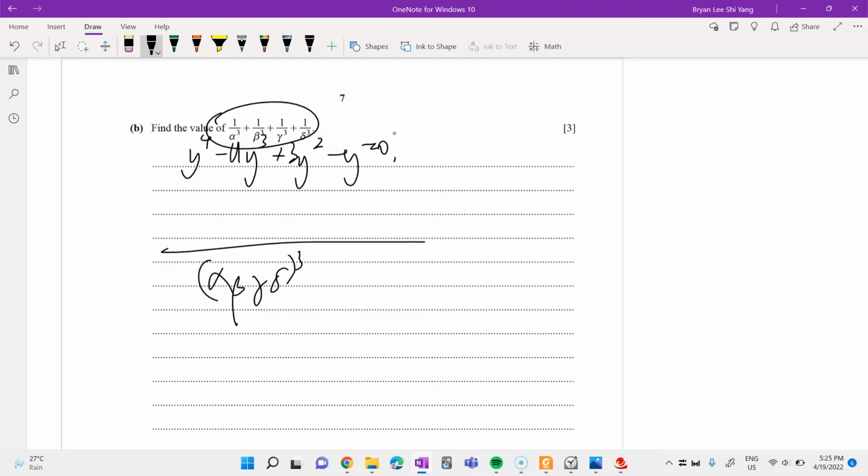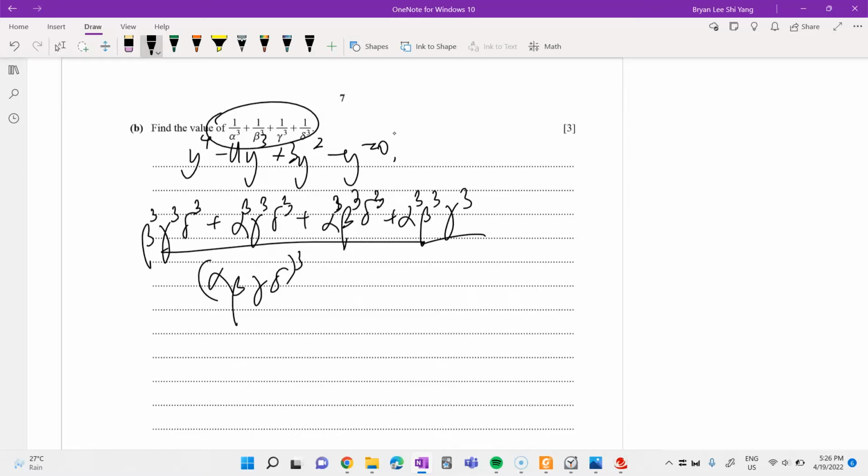Then this one would be a very beautiful mess, plus alpha cubed gamma cubed delta cubed, plus alpha cubed beta cubed delta cubed, alpha cubed beta cubed gamma cubed. So if I divide this over this, I get 1 over alpha cubed, and so on. Again, it applies to all the terms above.